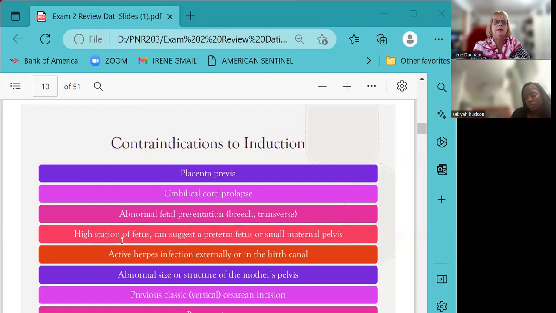Remember, what an induction is, I'm making her have contractions. All right, and then the baby's head is high. Remember the pelvis, and zero station is at the ischial spine. And if the baby is high, like a -2 station or -3, that's real high. You don't want to do an induction because why? Cord could be prolapsing.